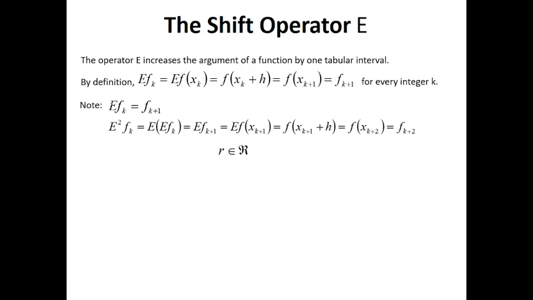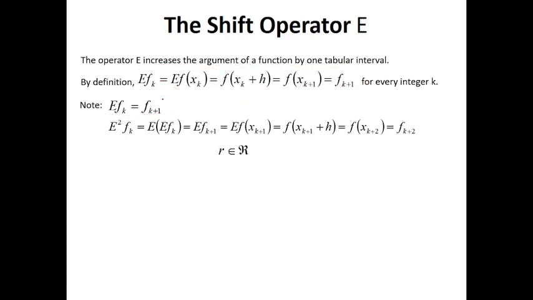And note that the first shift of the function f sub k is simply equal to f sub k plus 1, because of this derivation. That is why we concluded that E f sub k is equal to f sub k plus 1. That's why it became like that, because it went through derivation. Okay? So, remember the formula now.